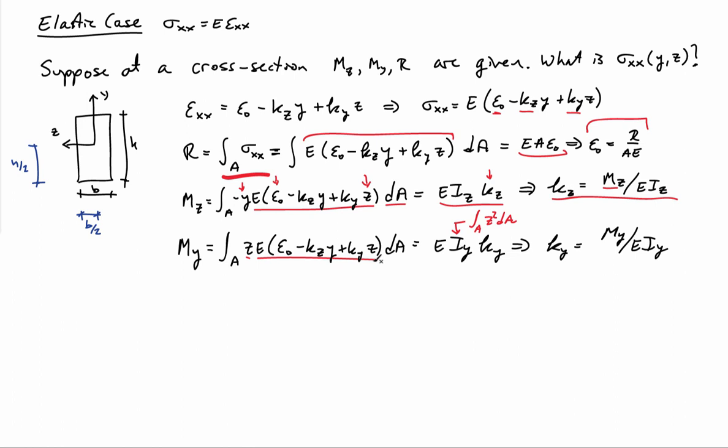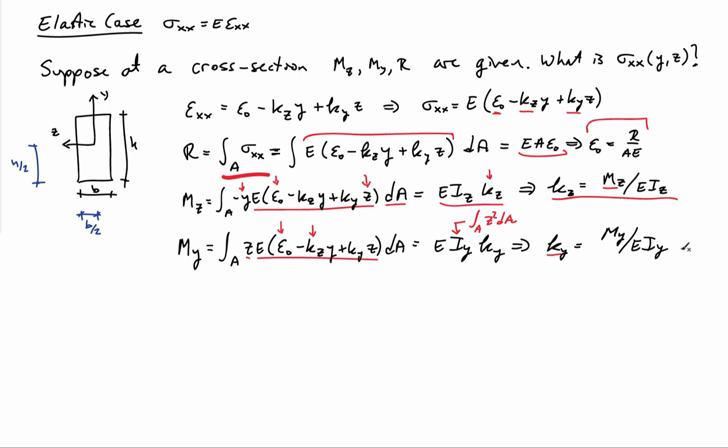And the other two integrals, the integral involving epsilon naught and the integral involving kappa z, come out to 0, again because of how I've placed my coordinate origin. So placement of the coordinate origin is very important here to make the system of equations as simple as possible. This allows me to solve for kappa y, and I get my, the moment about the y-axis, divided by E Iy, and that allows me to determine what kappa y is.